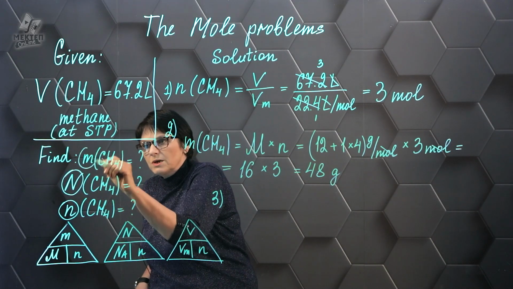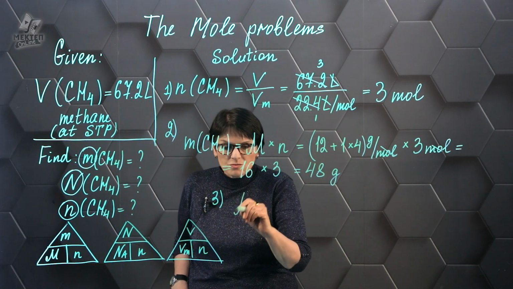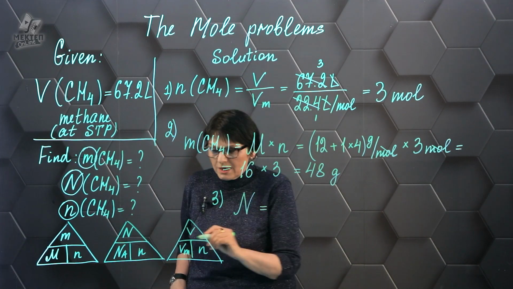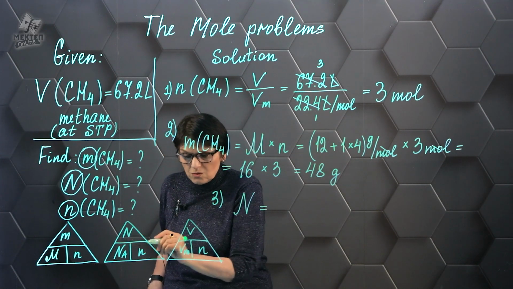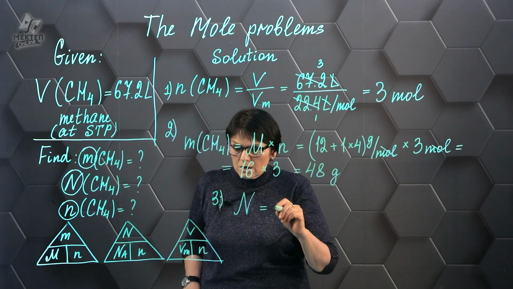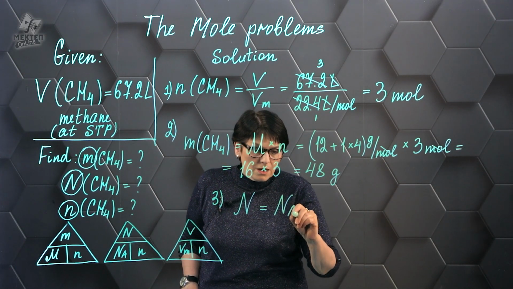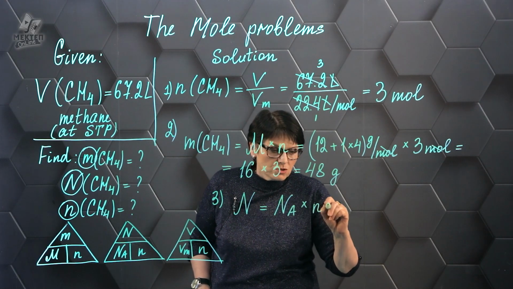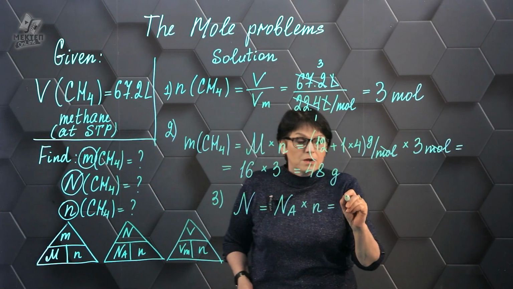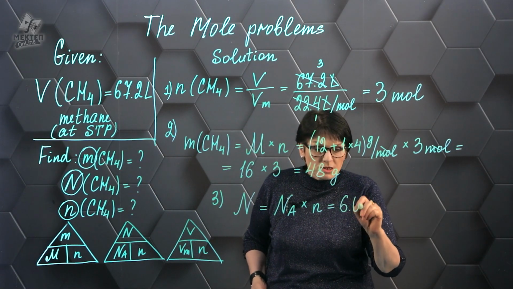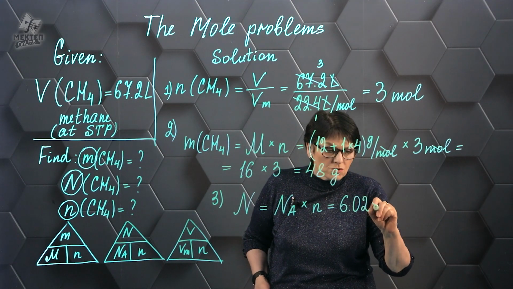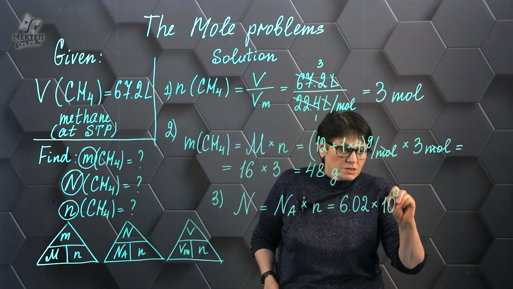Here we found the mass, and in order to find the number of particles, we need to multiply the Avogadro number by the number of moles. The Avogadro number we have to know by heart. It will be 6.02 times 10 to the 23rd.